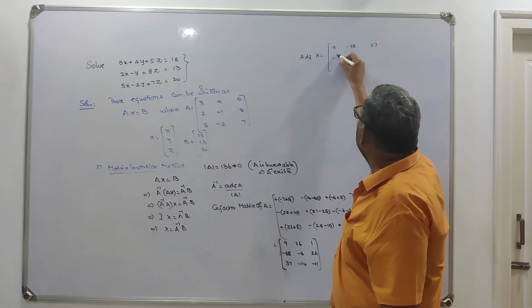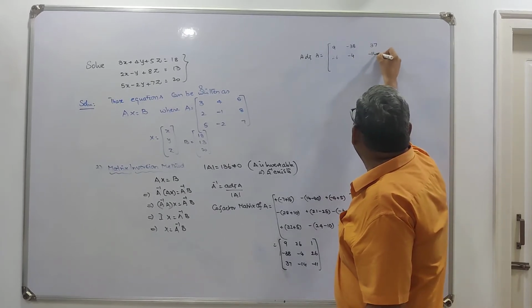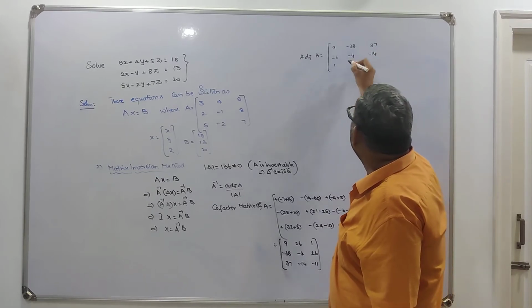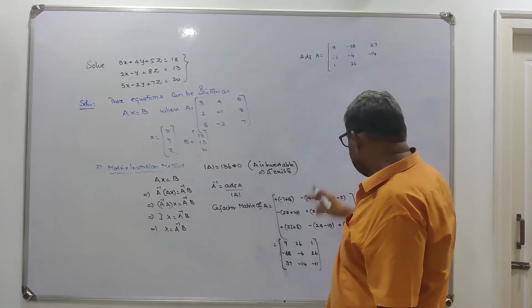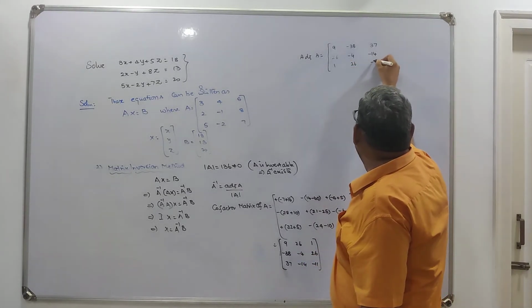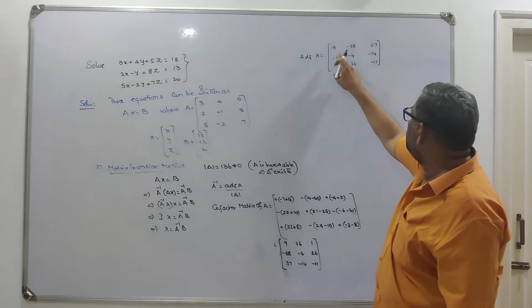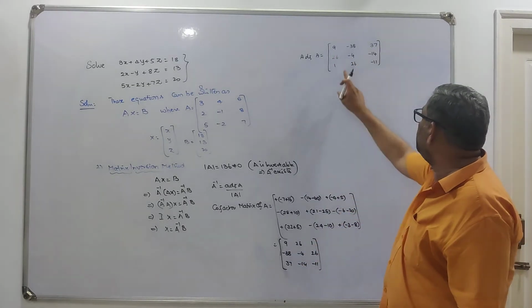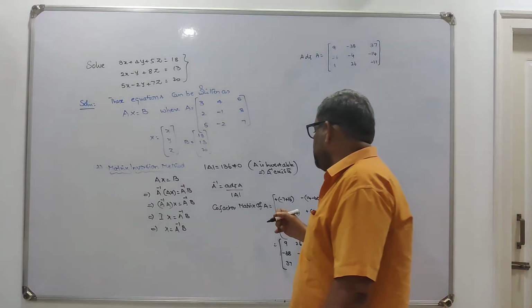Second column: 26, minus 4, minus 14. Then 1, 26, minus 11. You can check it once. First column 9, minus 38, 37. Second column 26, minus 4, minus 14. Third, 1, 26, minus 11. This is adjoint A.